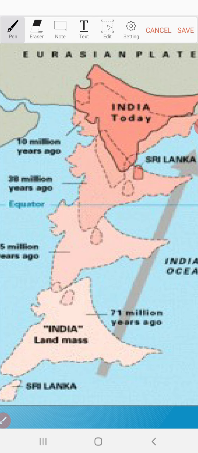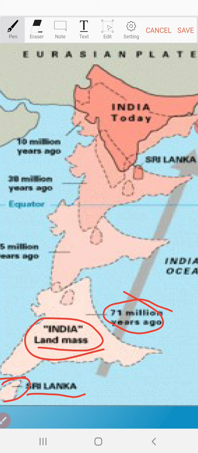It is 71 million years ago when India got detached from Africa. The two landmasses got detached. One is presently named Sri Lanka, and this is the Indian landmass. Then 65 million years ago, what is its location? Southern hemisphere. Why? Because it is below the equator.